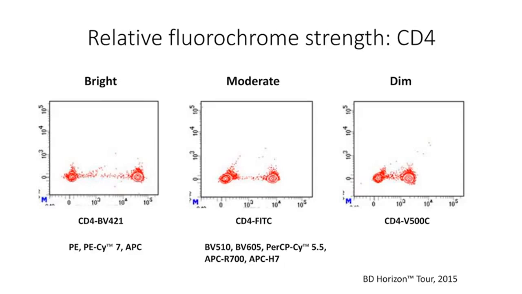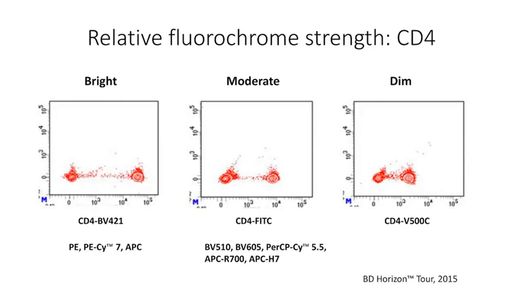So we have some fluorochromes, and the prototype would be Brilliant Violet 421. And here, by the way, we are using conjugates to the same CD4 antibody. So we're comparing apples and apples, and the only thing that's changing is the fluorochrome to which the antibody is conjugated.